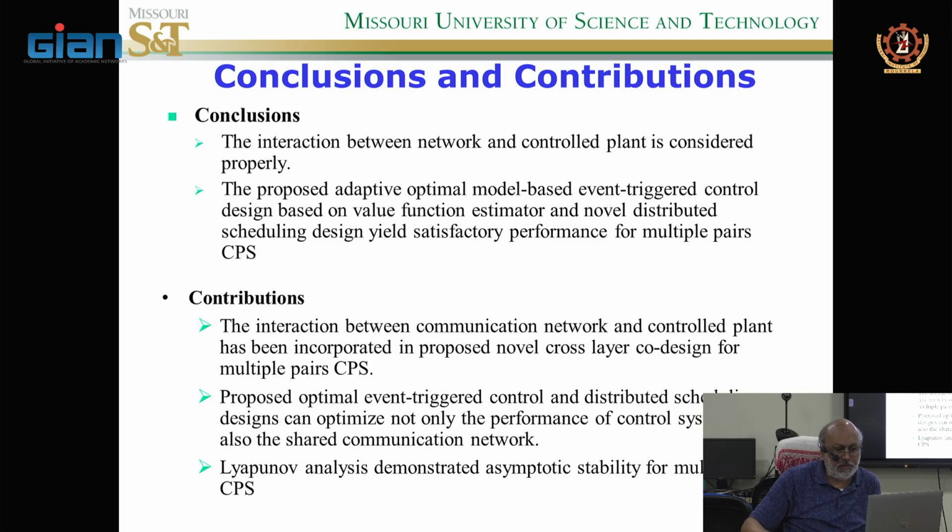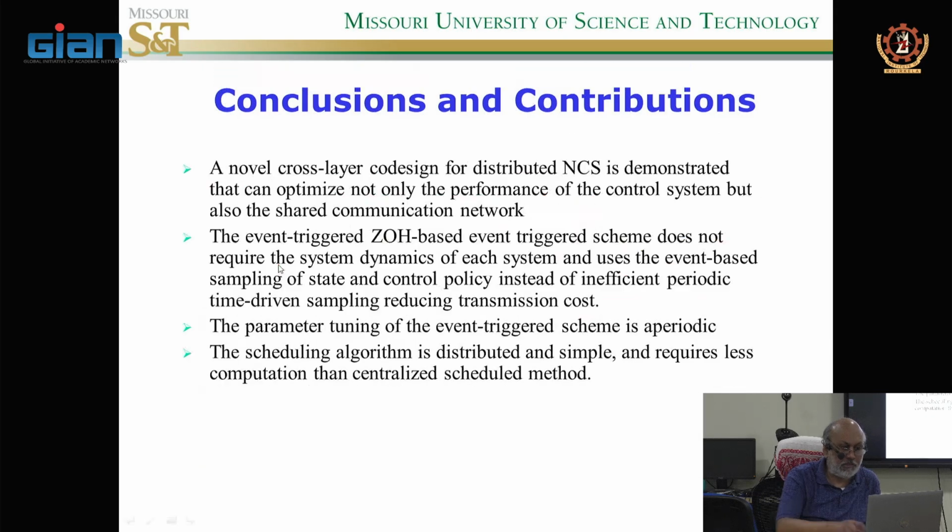Conclusions: the interaction between network and control plant is considered properly, and the adaptive optimal model based event trigger design essentially yields satisfactory performance for multiple pairs of cyber physical systems. A novel cross layer design is still cross layer because you are using information from the link layer.